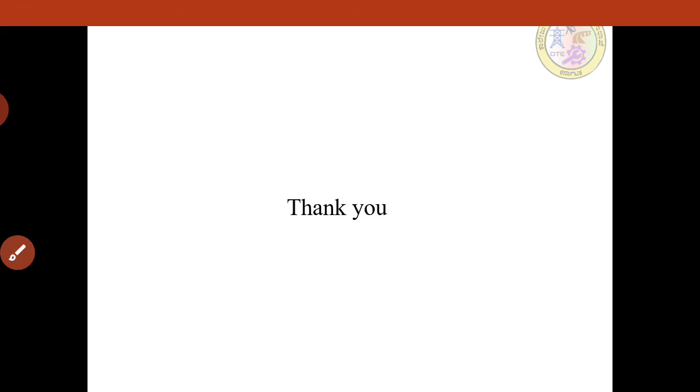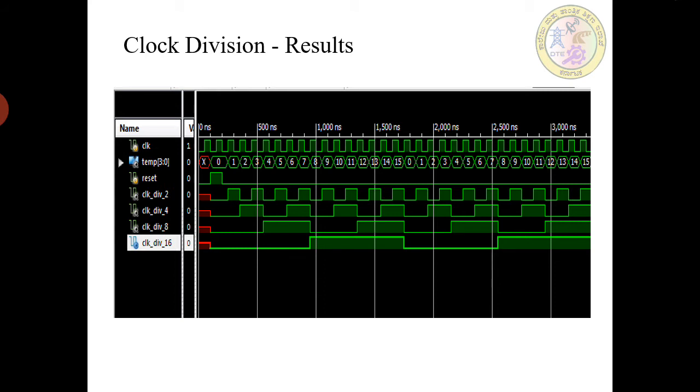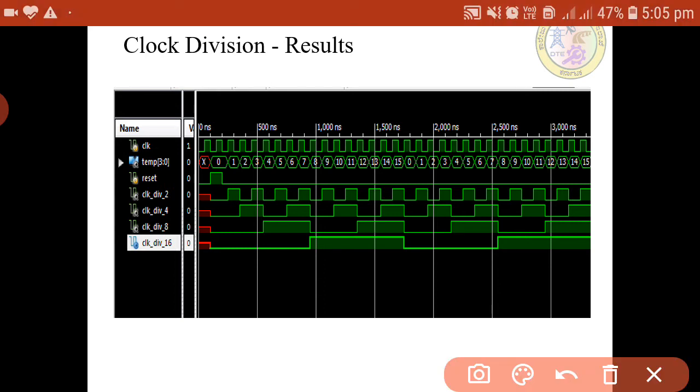And similarly, divide by 8 means, if you see exactly here 4 and here 4 5 6 7 and 8 9 10 11, so totally 8 clocks, so by taking 8 clocks, this is 1 clock, that is divided by 8.